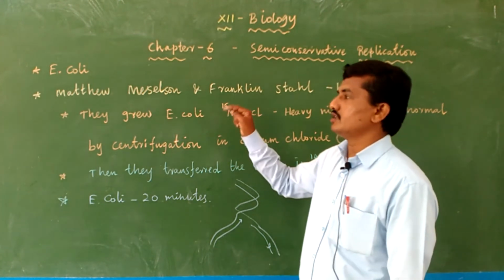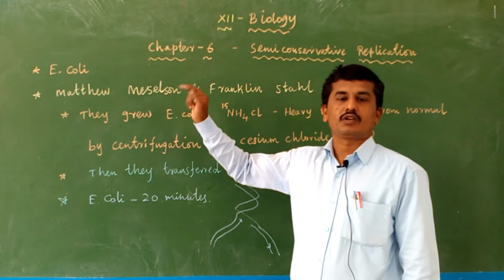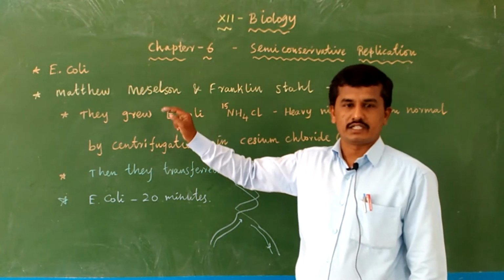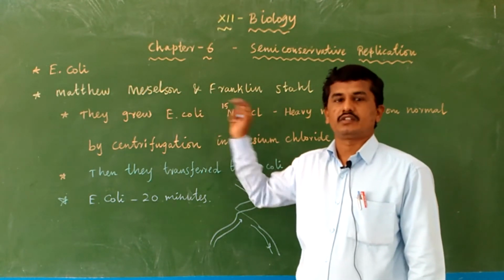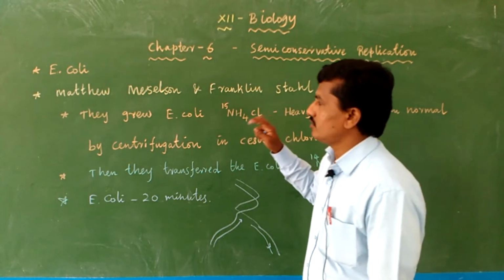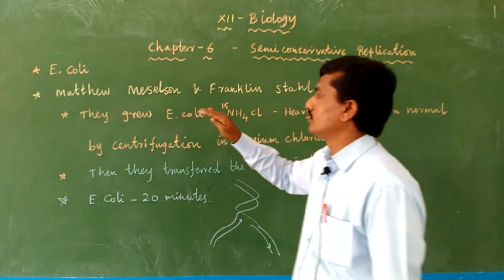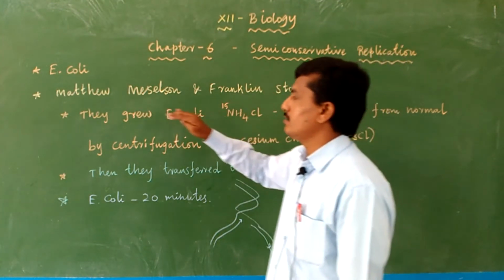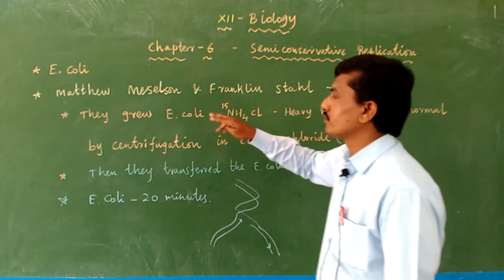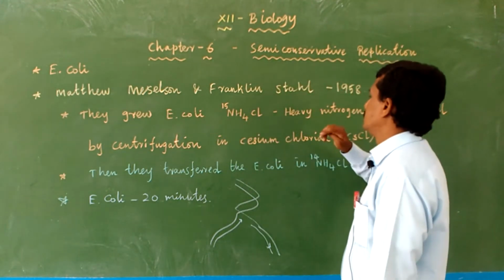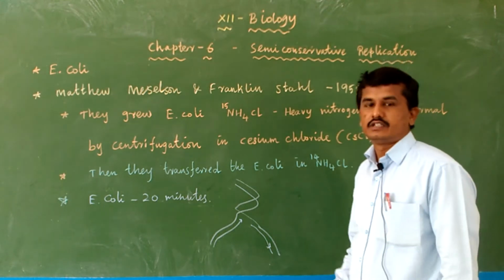Normally, the scientists take E. coli, Escherichia coli, a prokaryotic bacterium, for the research. The scientists are Meselson and Stahl. Their full names are Matthew Meselson and Franklin Stahl, in 1958.